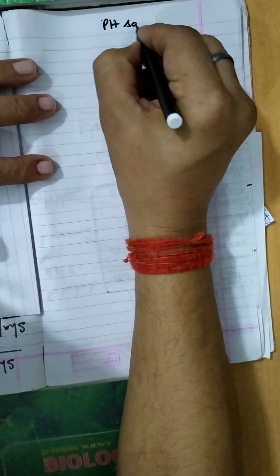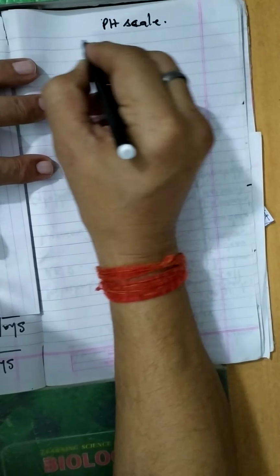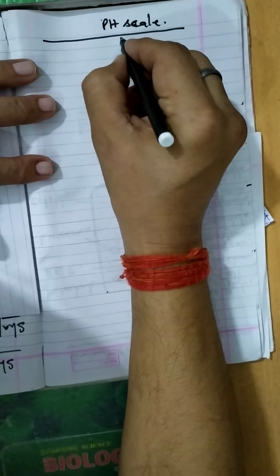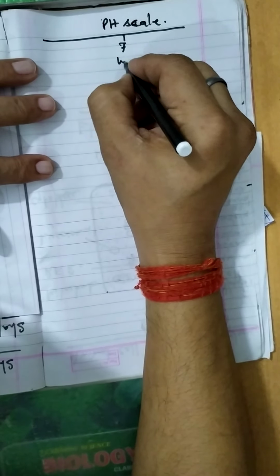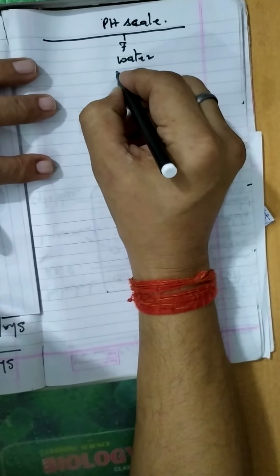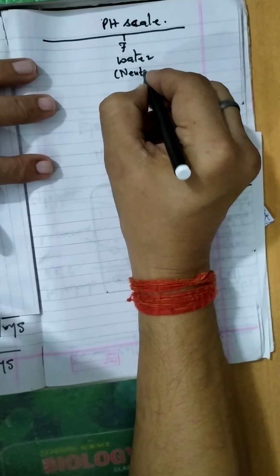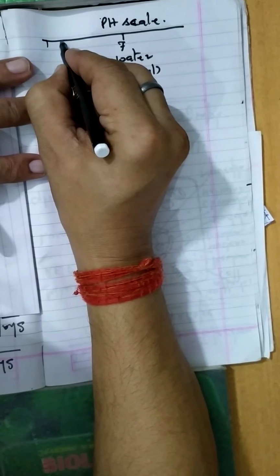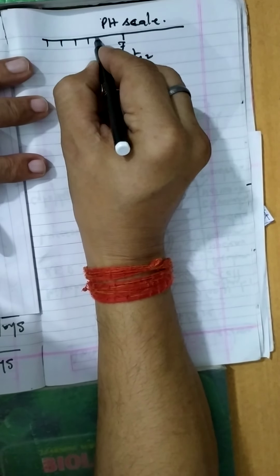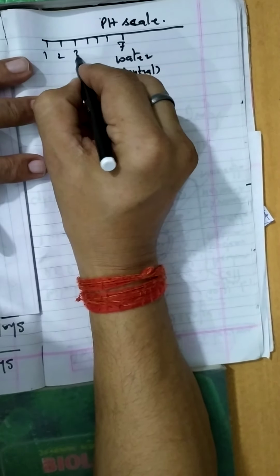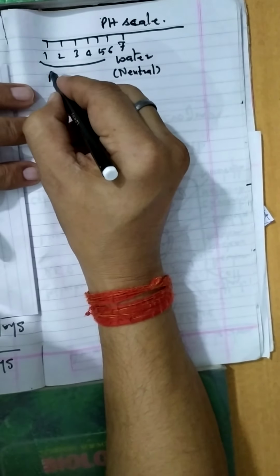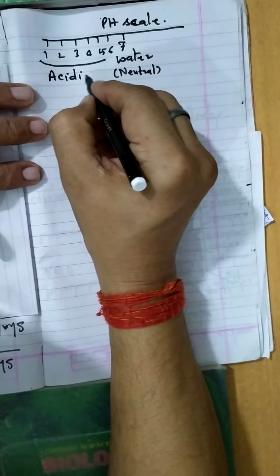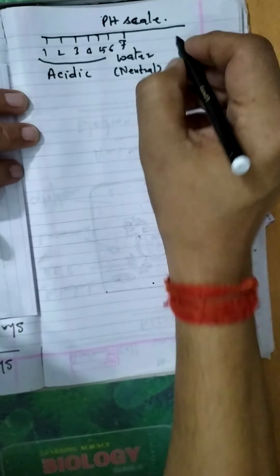On the pH scale, 7 is the pH of water, which is neutral. 1 to 6, 1 2 3 4 5 6, these are acidic. Such liquids are acidic in nature.